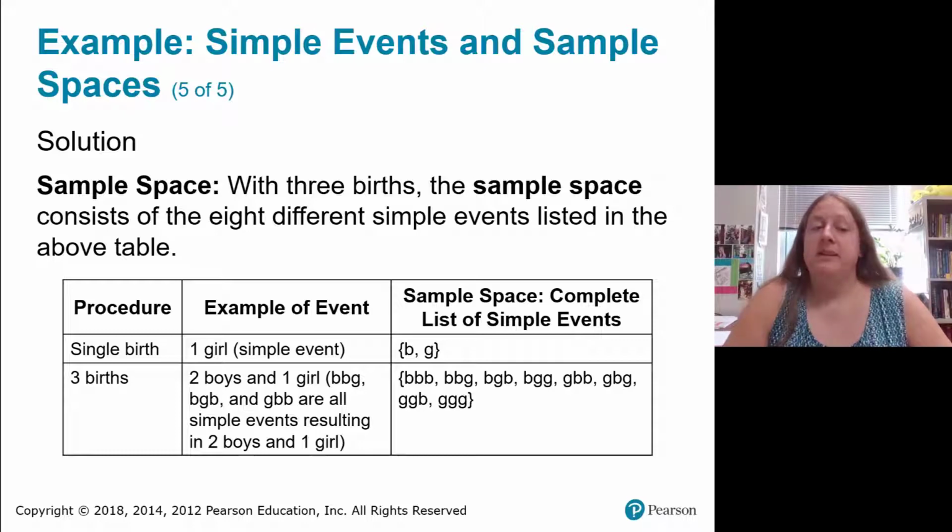And we have our sample space, which consists of 8 different simple events. We can have all 3 boys. There are 3 ways that we can have 2 boys and a girl, 3 ways that we can have 2 girls and a boy, and 3 girls as possibilities.